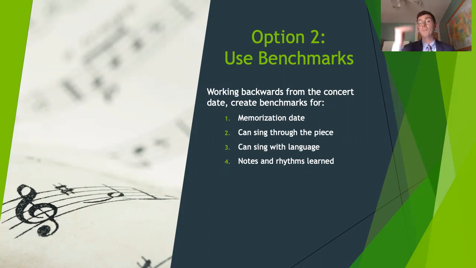Having benchmarks set up throughout a concert cycle. Basically, what we do is that we work backwards, beginning at the concert, and then create benchmarks working backwards for memorization date, the date that they can sing through the piece, the date that they can sing it with the language, for instance, when the notes and rhythms will be learned, etc.